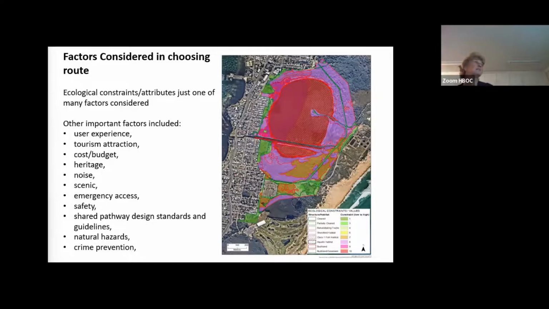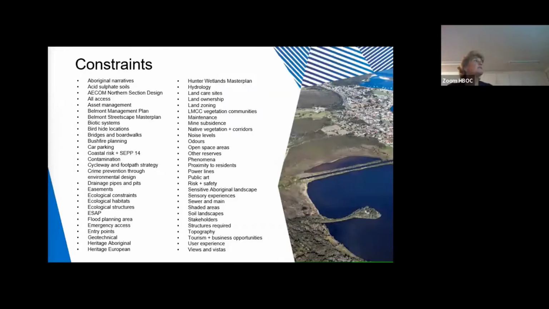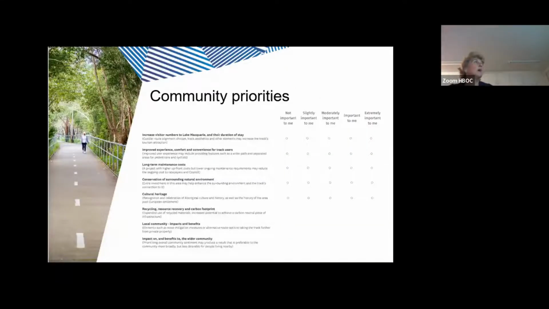They have very set design standards in terms of cycleways and shared pathways, and curves have to be a certain radius, grades have to be a certain steepness, etc. Natural hazards and crime prevention were other considerations. That's a full list of the things that were considered. So it's a pretty big job.